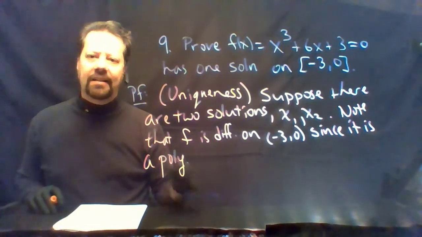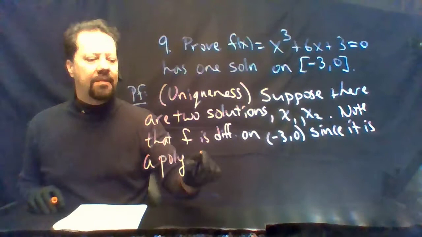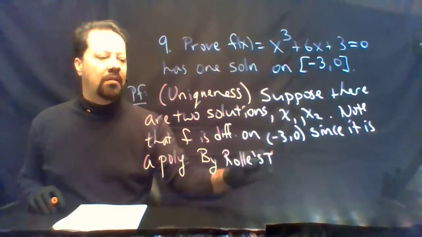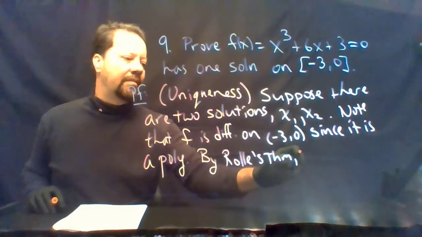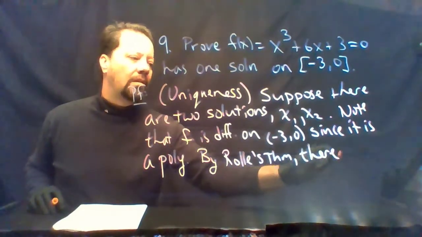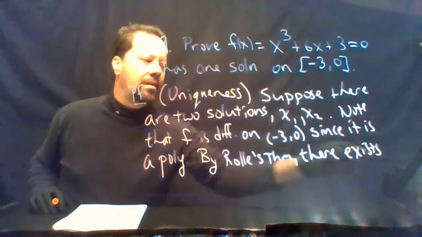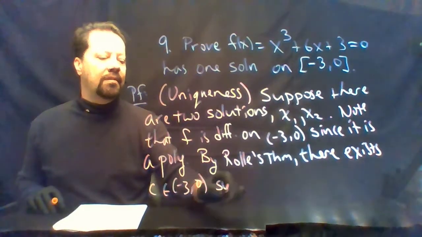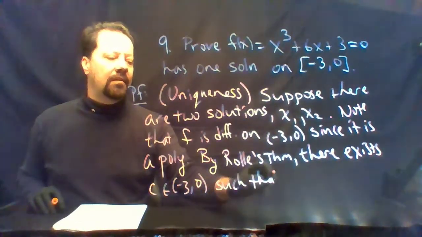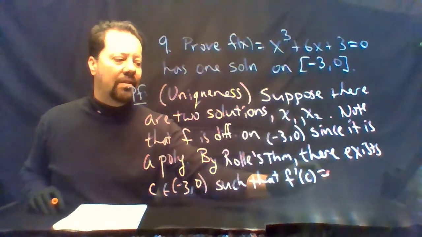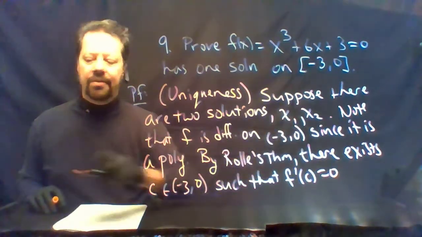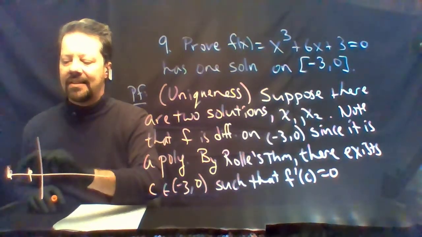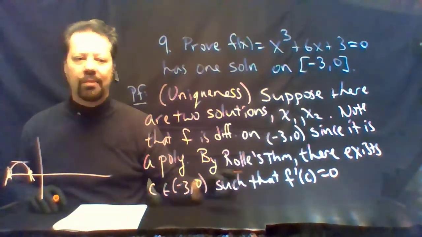We have now checked the hypotheses of Rolle's theorem. By Rolle's theorem, there exists c between -3 and 0 such that the slope at c is 0. The function goes through points x1 and x2 where it crosses the axis, so there has to be some place where the slope is 0.